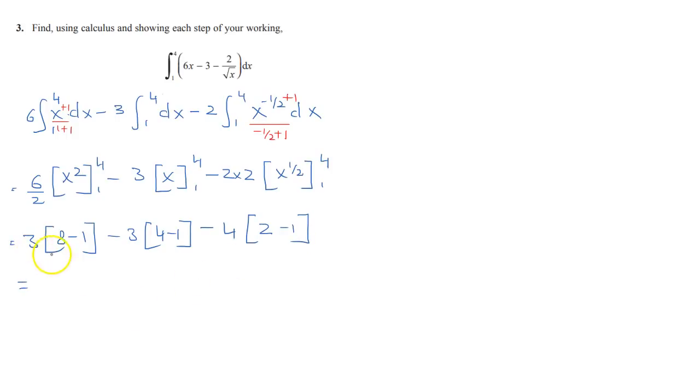So that is 3 multiplied by 7, minus 3 multiplied by 3, minus 4 multiplied by 1. This is 21 minus 9 minus 4. So this one is 16. I'm sorry, 4 squared is not 8. 4 squared is 16.